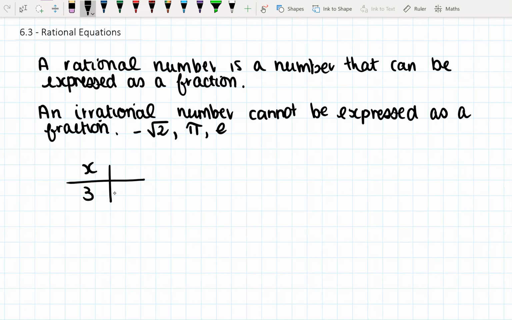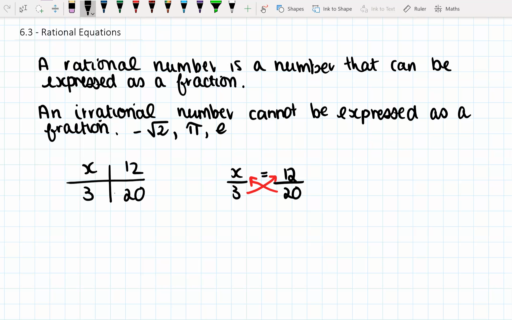x over 3 is equal to 12 over 20. We can use this. This is the same as the fraction x over 3 is equal to 12 over 20. This is a rational equation. Now when you have this situation, you have plenty of experience with ratio tables. You know that the first thing we always do is we multiply the denominators up, so we multiply by the denominators in order to get them up onto the other side.